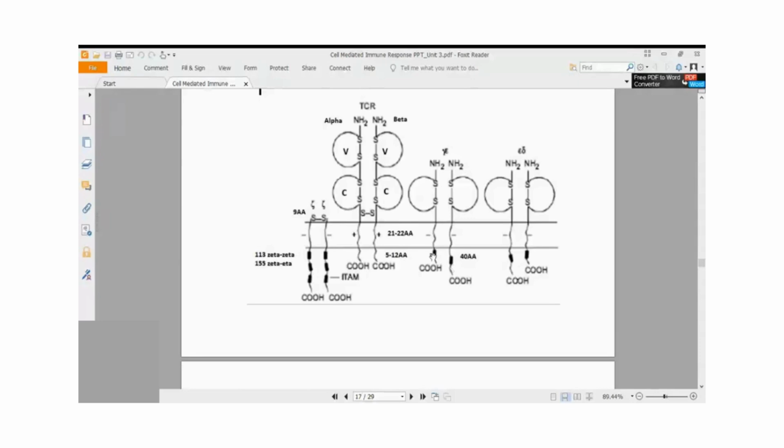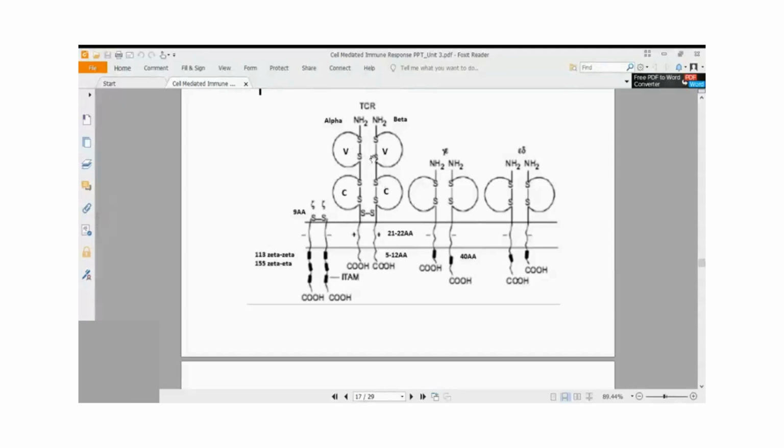Okay. Therefore, the TCR, if you take it, doesn't have an ITAM in the COOH domain or cytoplasmic domain. Therefore, it can generate only weak signal transduction, which is assisted by the CD3 receptor complex, which has ITAM molecules on both of them in the cytoplasmic domain, and the cytoplasmic domain consists of 40 amino acid residues. So therefore, the co-receptor complex facilitates the activation of the T cell by generating signal 1 together with the TCR.